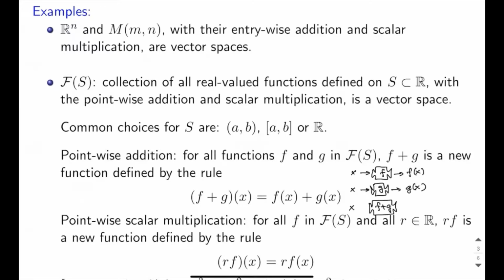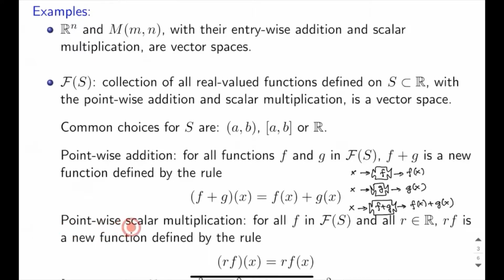If you enter an input x, at the output you are going to get f of x plus g of x. This is how we compute f plus g when the input is x.